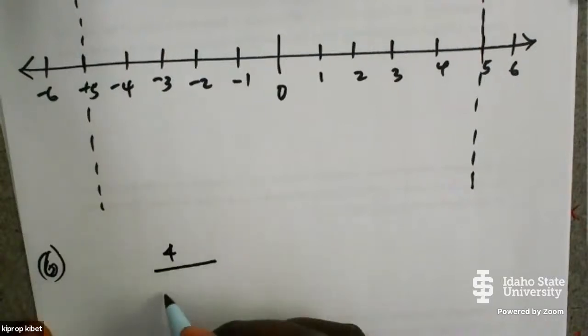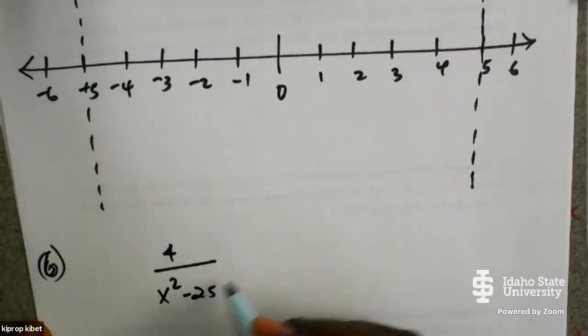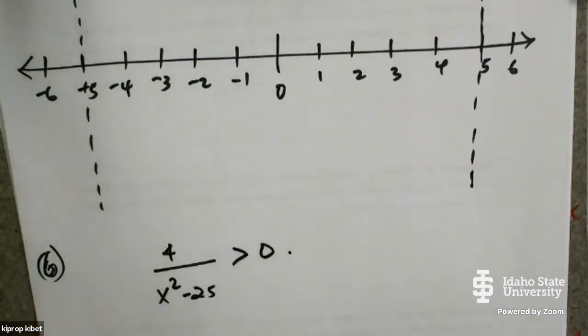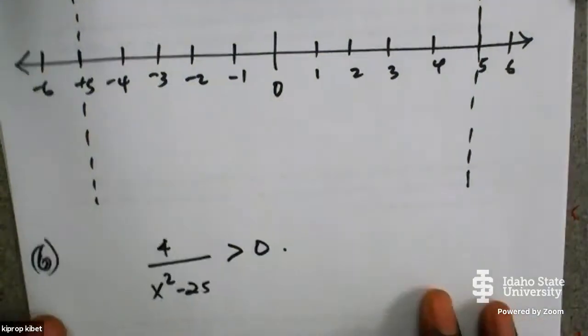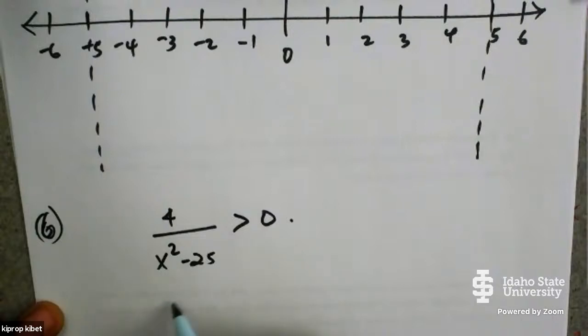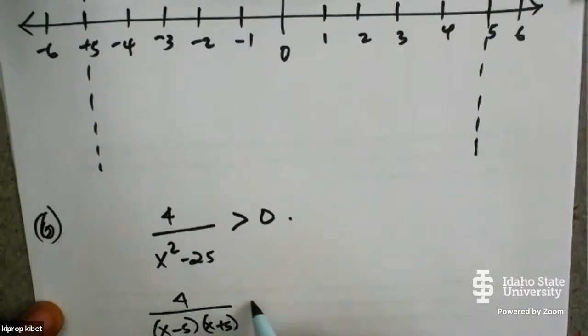So 4 all over x squared minus 25 greater than 0. We can also write this as 4 all over x minus 5, x plus 5 is greater than 0.